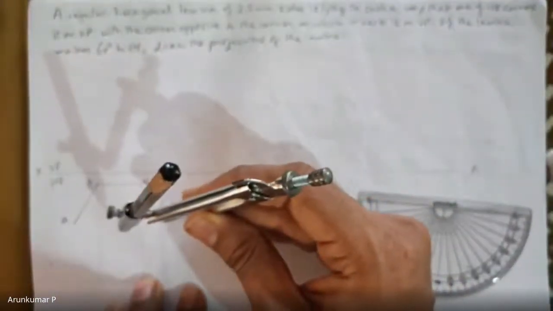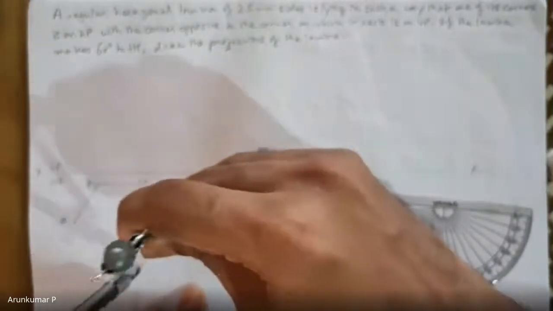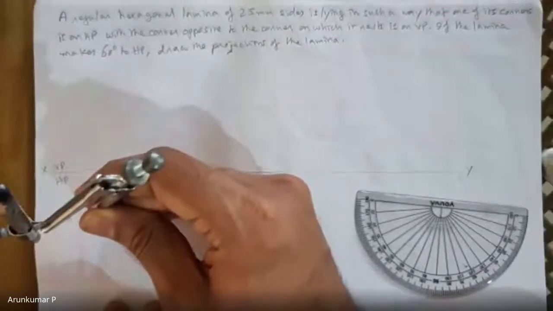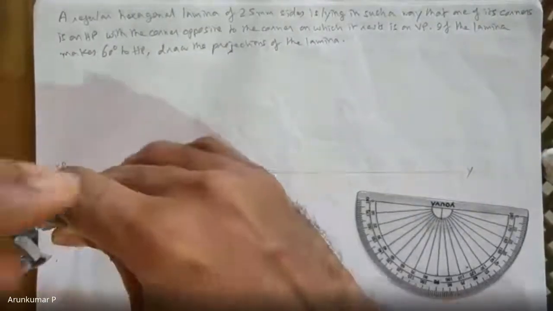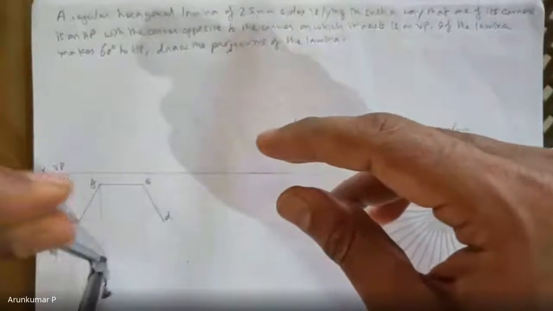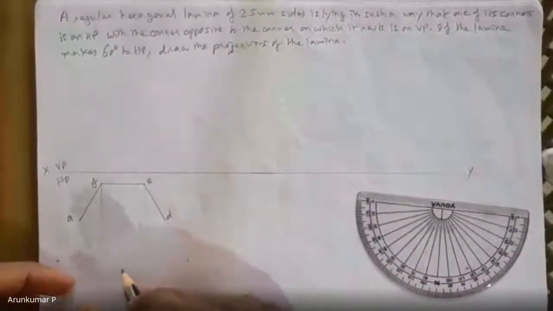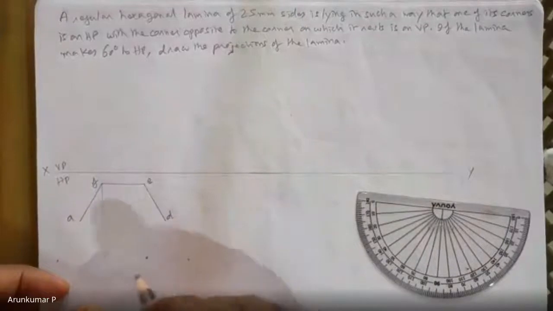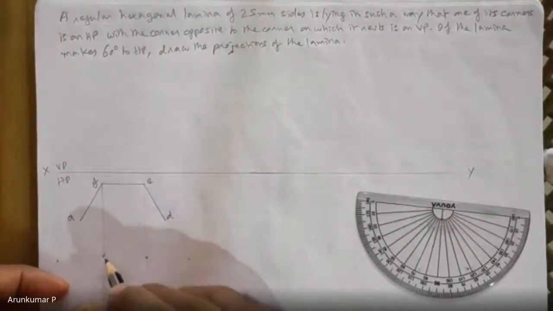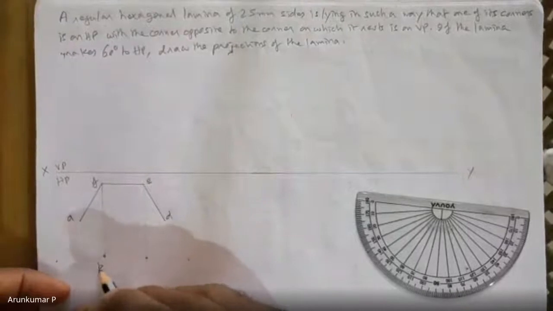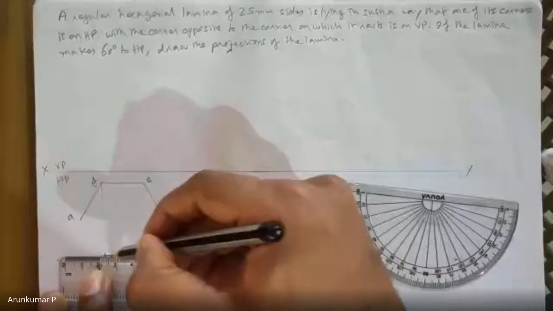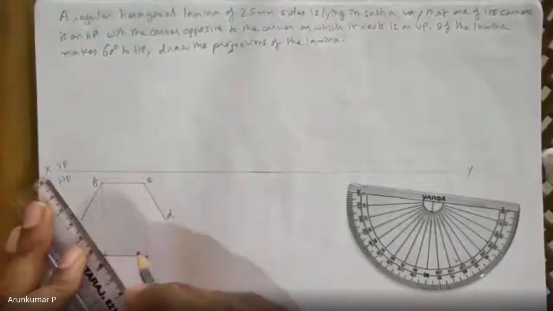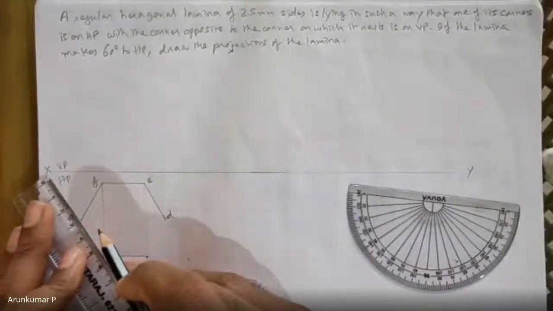Then with D as center, radius equal to 25, you can cut this line. With A as center, radius equal to 25, you can cut this line. So I guess you would be getting one here and maybe one here. This would be B, this would be C. Join them, complete the hexagon.